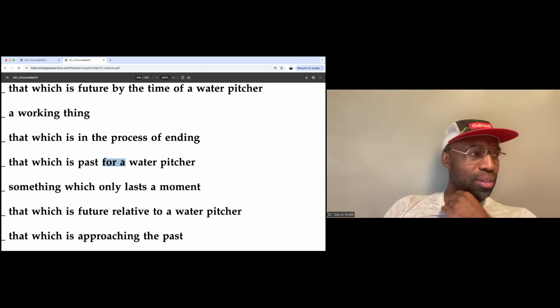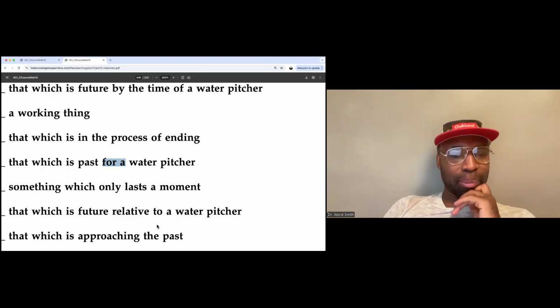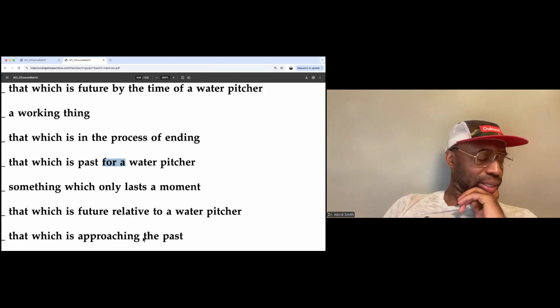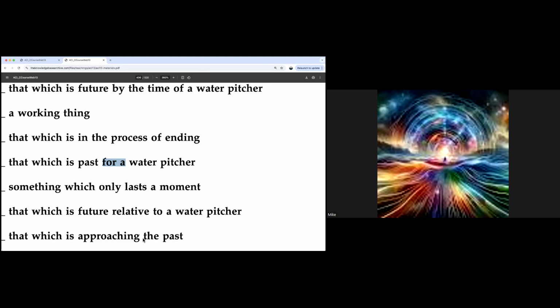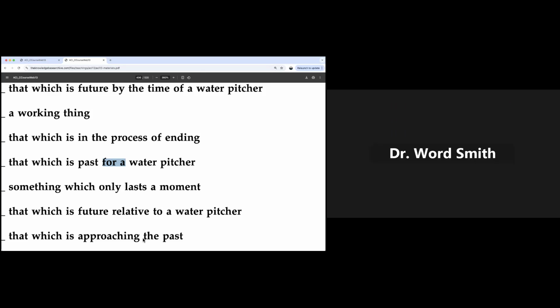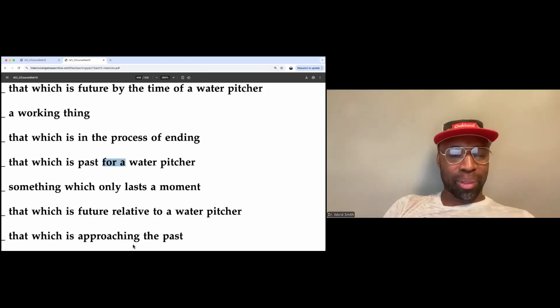How can you approach the past? You only change it. I mean, I guess, right? This is why it's a debate. You're supposed to debate all this stuff. So it has to be three.